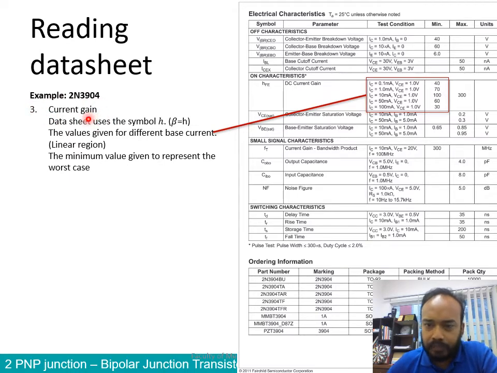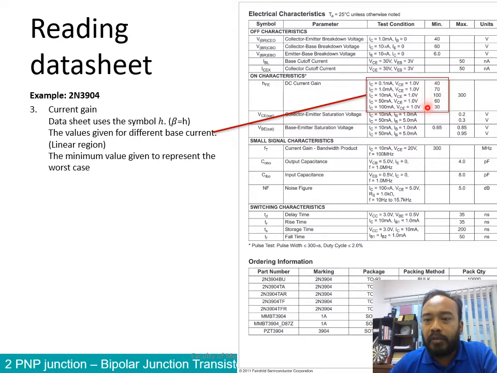In current gain, you have to look at the characteristic HFE. Usually it is written as H. H is basically beta. The datasheet usually uses the symbol H, and the value given for beta or H is over here.